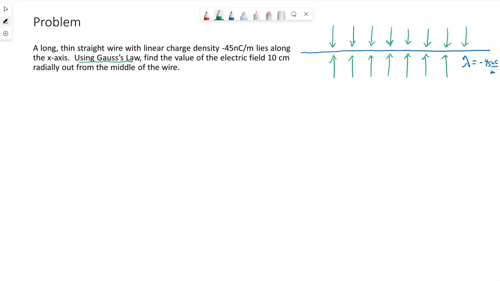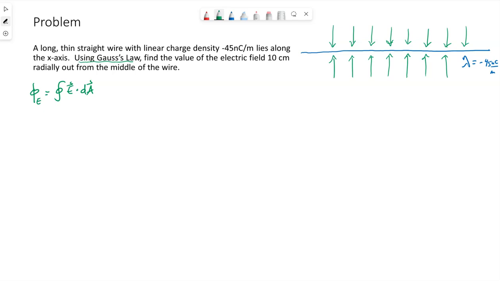Now, as a reminder, Gauss's law is looking at the electric flux through a closed surface. We can write that as the closed integral of E dot dA, meaning we have to integrate this electric field if it has different values through the area of a Gaussian surface.